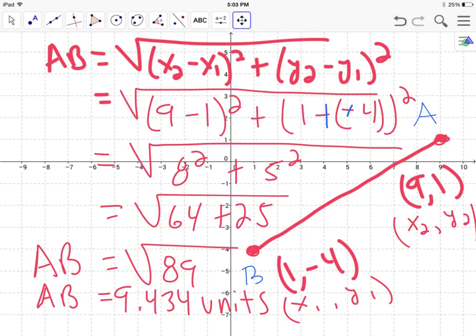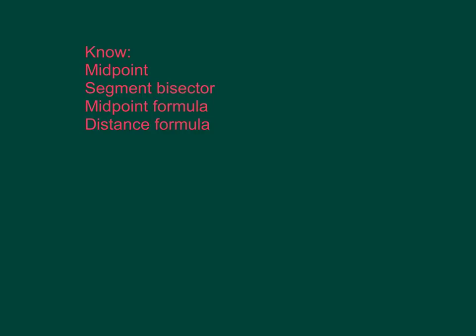When you take the square root of 89, you should see that AB will be 9.434 units. And make sure you label. Get in the habit of labeling. I don't know if these are miles or feet, so we have to call them units.